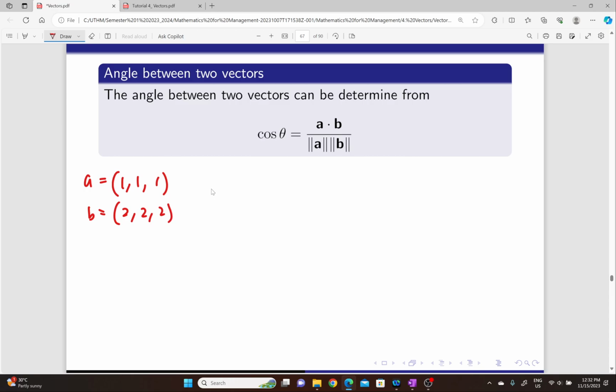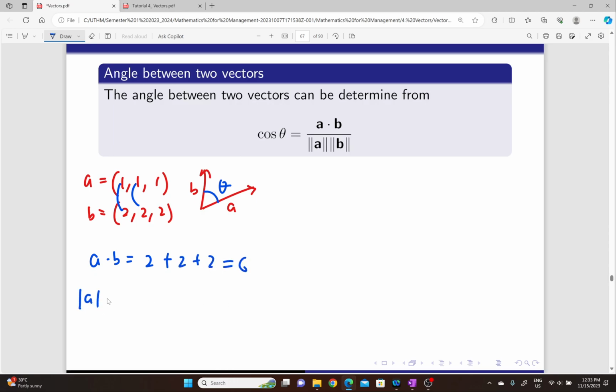So let's say A goes like this and B goes like this. Basically we're going to find the angle in between A and B. How to find this angle? We're going to use this formula. First of all, A dot B. You multiply 1 times 2, again 2, and again 2, and you get 6.